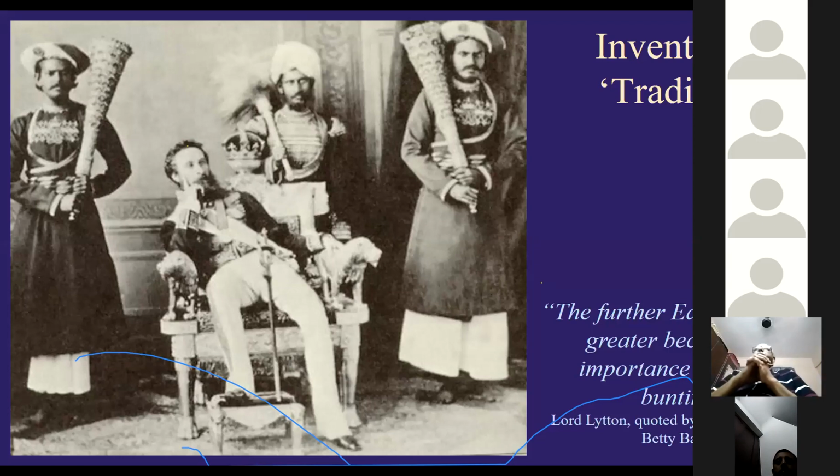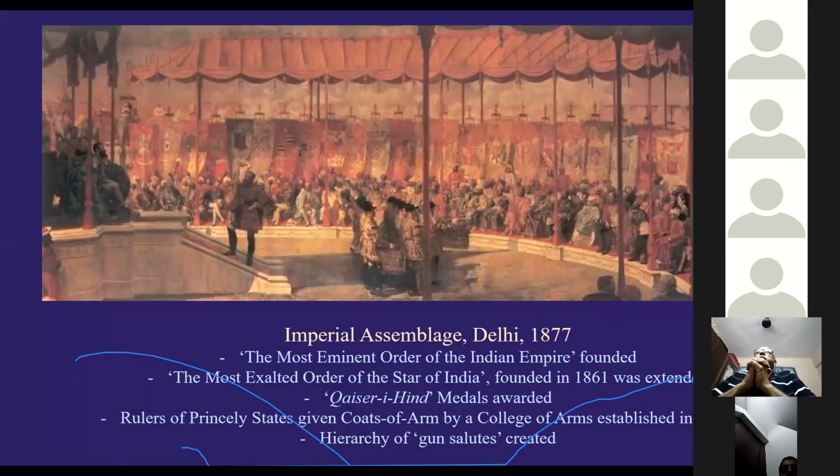And he was the first person to actually notice that. And as a result of that, he assembled this great Delhi Darbar of 1877, and he actually formulated a completely different political order with regard to sovereignty, which is about the awarding of particular statuses.